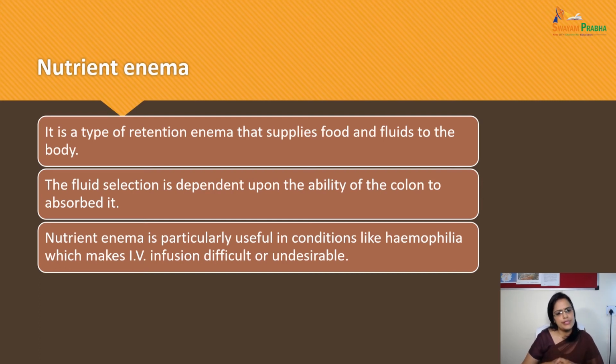Nutrient enema is particularly useful in conditions like hemophilia, which makes IV infusion difficult or undesirable sometimes. So when the IV infusion is not working, the nutrient enema is used for the patients.